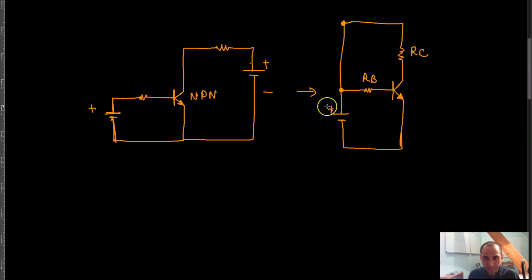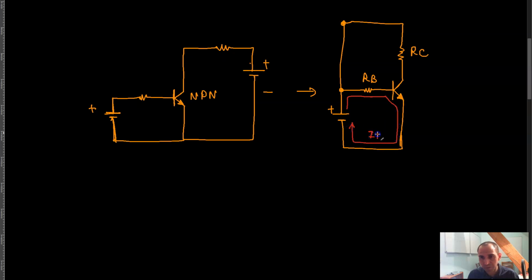And then the base current goes from the power supply through this resistor, and then through the PN junction, the base-emitter junction, and then back to the power supply.